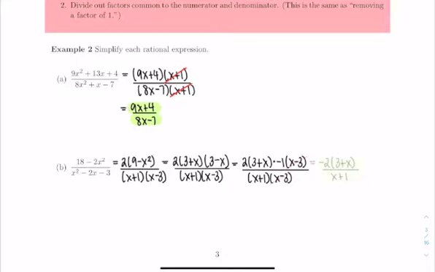And so now I can cross off the x minus 3's. And what I'm left with, we have that negative, so negative 2 times 3 plus x all over x plus 1.